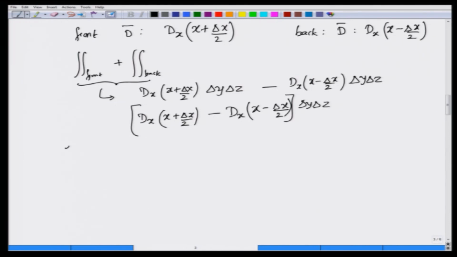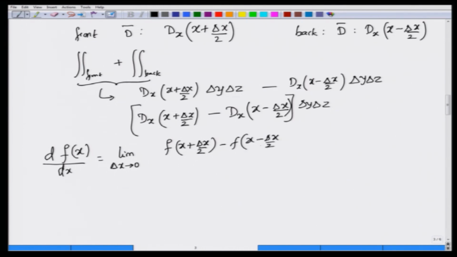Now, if you remember, given any function f of x, the way we would define the derivative of that function would be df by dx defined as the limit delta x tends to 0 of f of x plus delta x by 2 minus f of x minus delta x by 2, divided by delta x, right. You could of course define this as f of x plus h minus f of x divided by h and then let h go to 0.